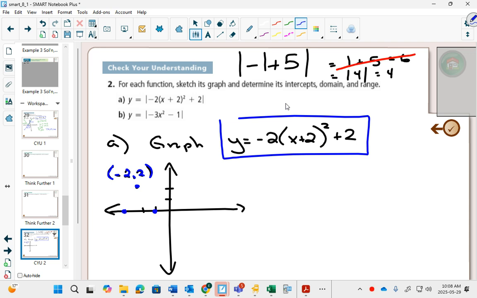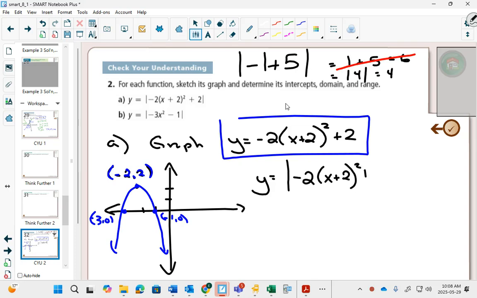These are going to be important because these are our x-intercepts at -3, 0 and -1, 0. My parabola opens down like this. And I'm going to graph the absolute value of this over top in green.